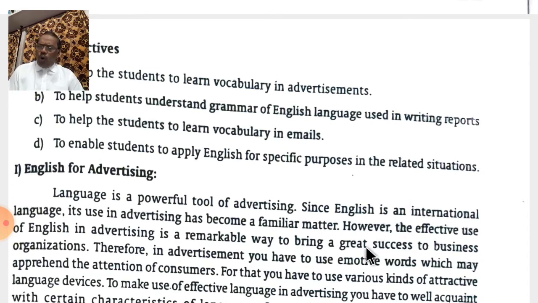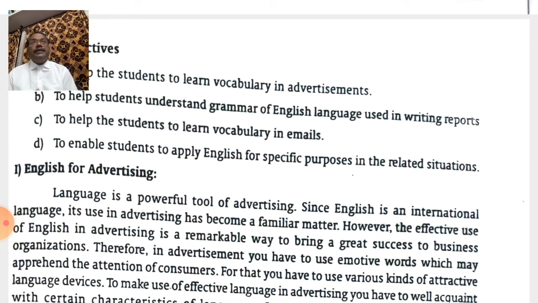We see, we watch, we enjoy different kinds of ads on TV. We watch as well as we listen. Try to observe what kind of language, text, grammar and vocabulary are used there.